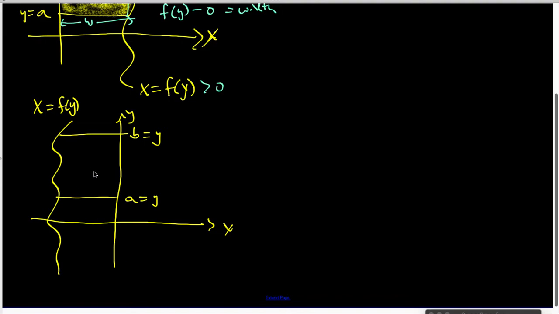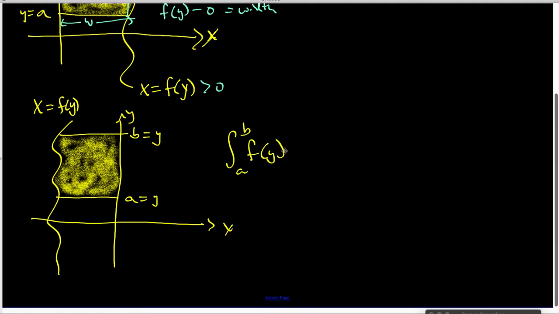And if I color in this area here, what I want to notice is that it is to the left of the y-axis, and just like being below the x-axis, it turns out that if I integrate from a to b of f of y dy here, I'm going to get minus the yellow area.